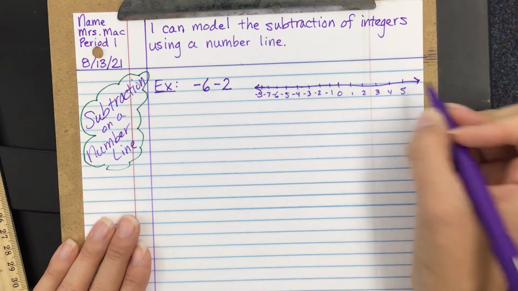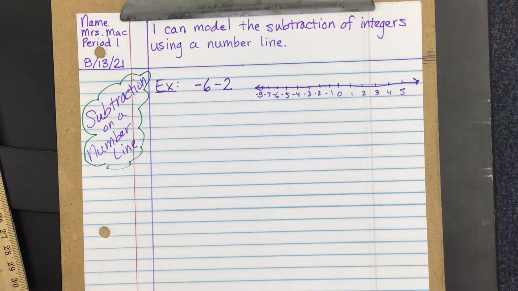Okay, so just like integer addition, we're going to start with that first number. So I'm going to put my first point at -6.